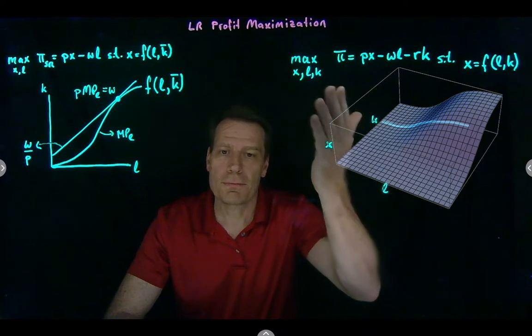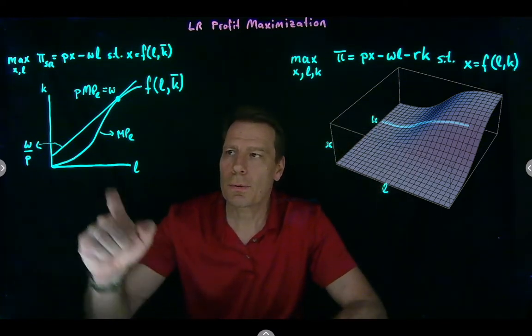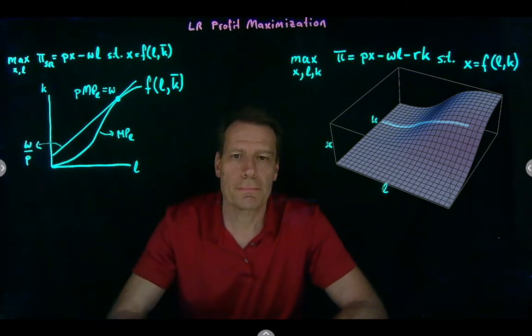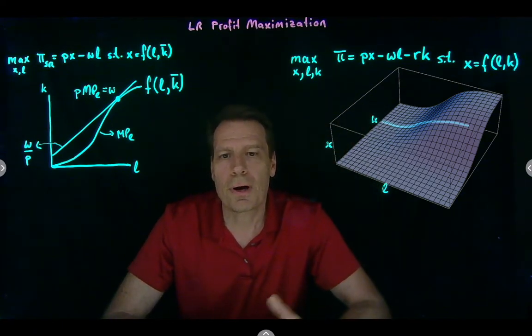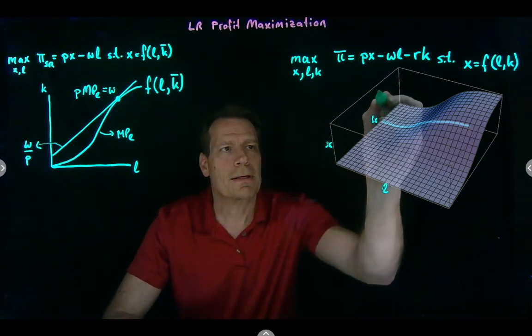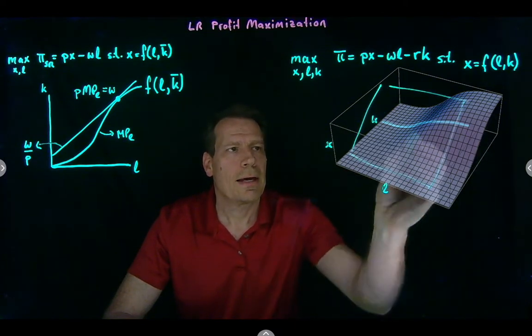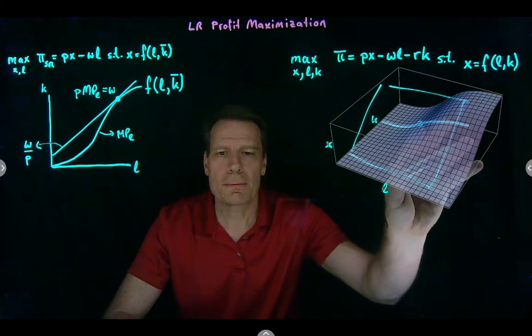And there'll be lots of these sheets of paper, one for each profit level, just like there were lots of profit lines over here in this picture, one for each profit level. And the firm's going to try to get to the highest possible profit sheet, something where the sheet will then ultimately lie somewhere here and form some tangency with this production function.